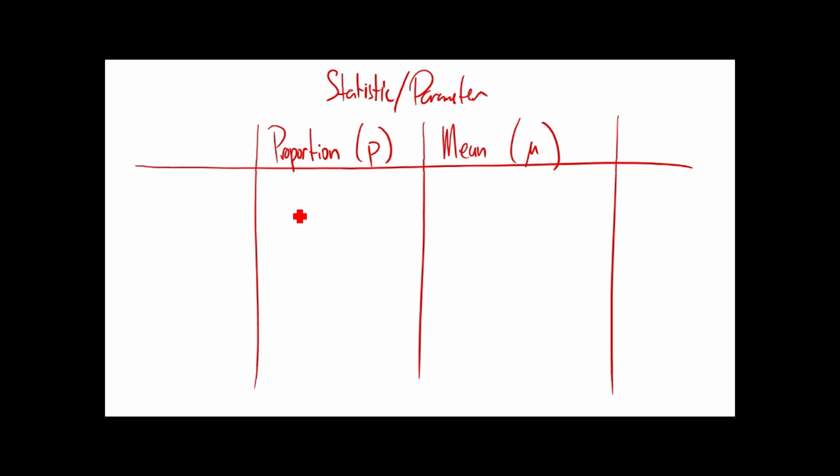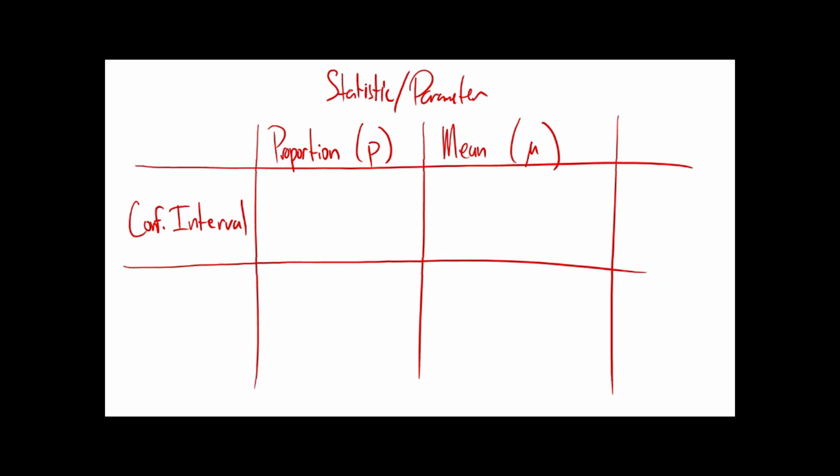So you look at the problem and say, okay, what am I really estimating here? Am I estimating a proportion or a percent? And if that's the case, and you're interested in a confidence interval, remember, if we're interested in a proportion, it's going to be a z interval. So you say, I'm trying to do a proportion, I want a confidence interval. Boom, this is the formula I need to use.